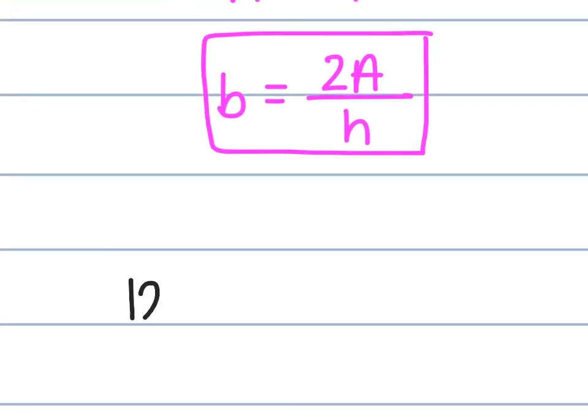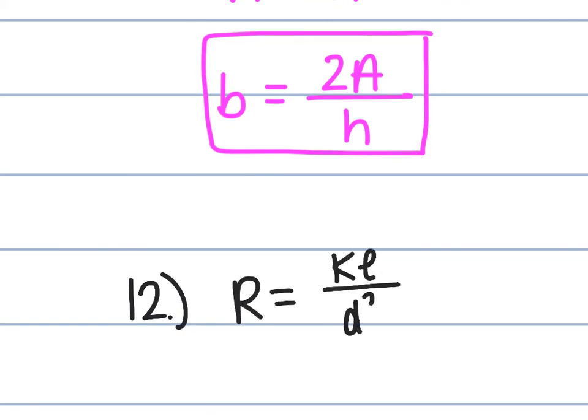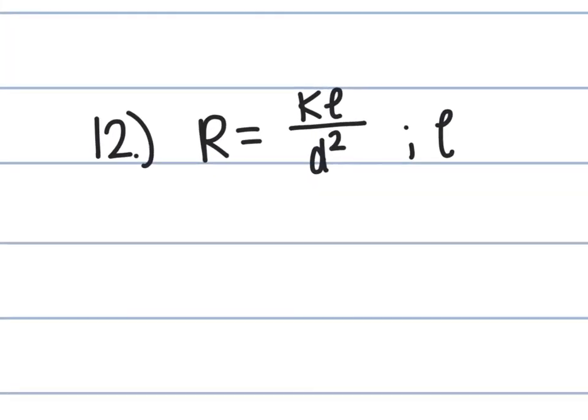For 12, we have r is equal to k times l all over d squared, and we're getting l by itself. So again, I'm just going to rewrite this so that way I have a little bit more room. R is equal to k times l all over d squared. All right, so we want to get that d squared over on the other side, so we want to undo that division first.